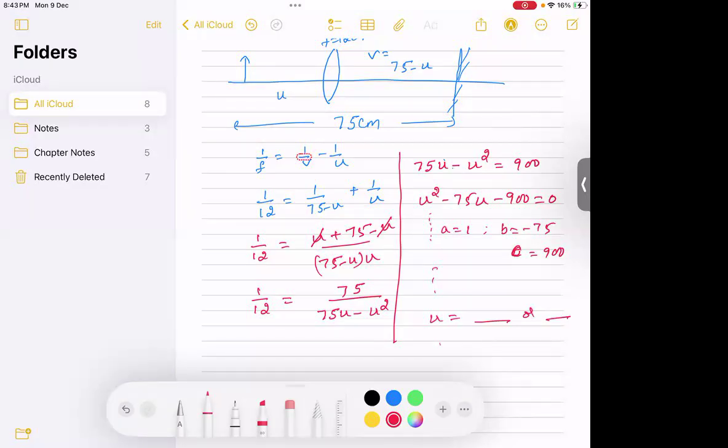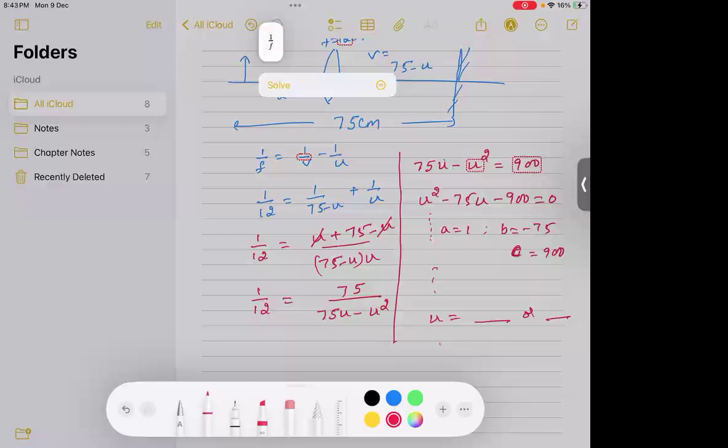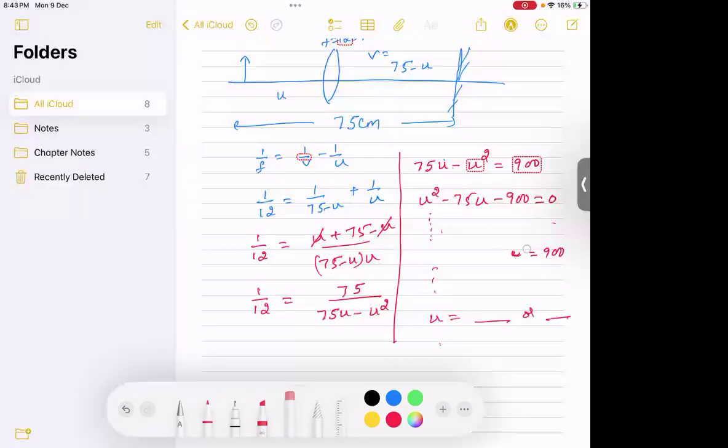Use the formula method, or if it is factorizable, you can also go for factorization, I think. 60 and 15 are the factors, no?